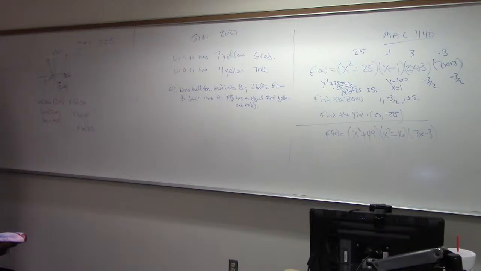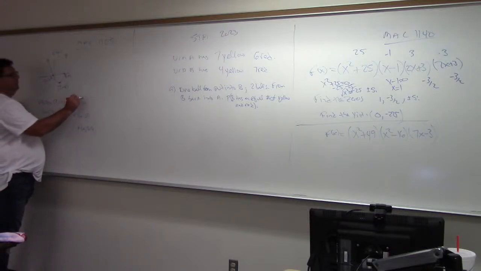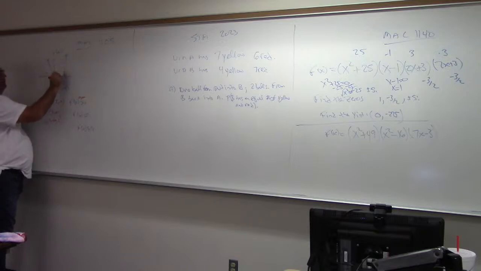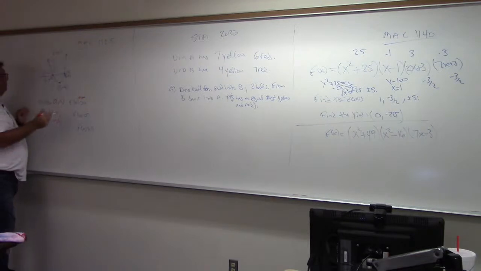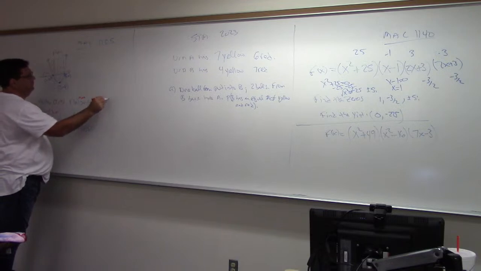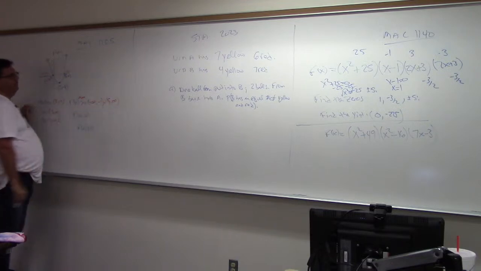Tim? Vanessa? DJ? Anybody? Greater than 0, what does it mean? It means it's above 0, right? So where's it above? This side's above, this side's above, yes? That's where the graph is above the x-axis. So when is that? Negative infinity to negative 1, union 5 to infinity.